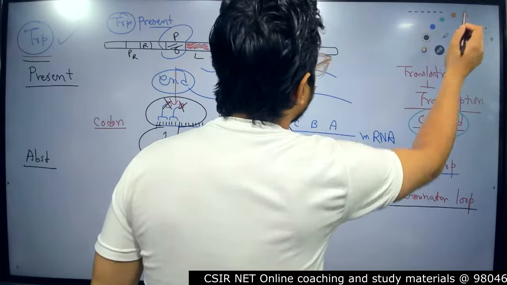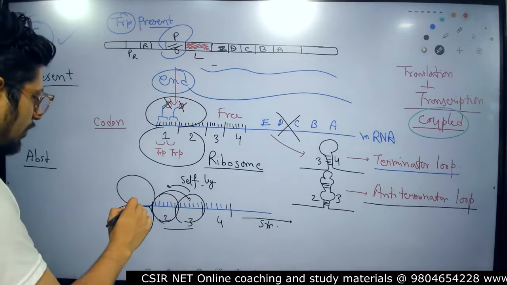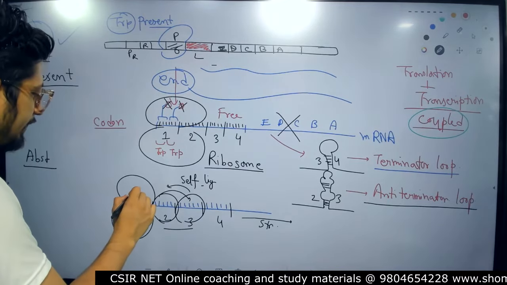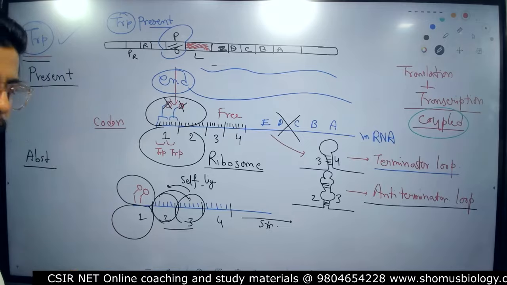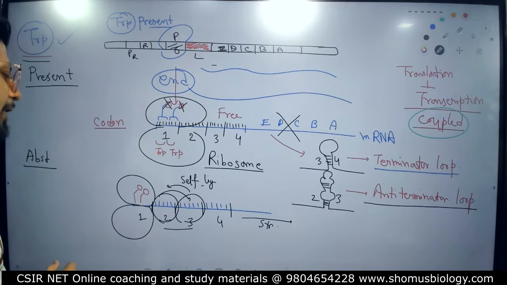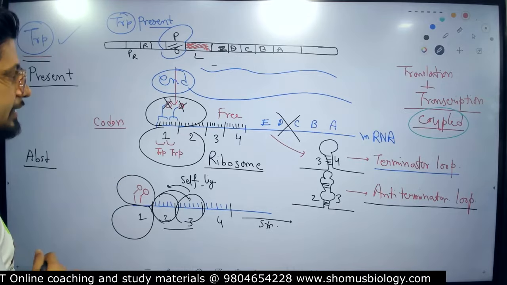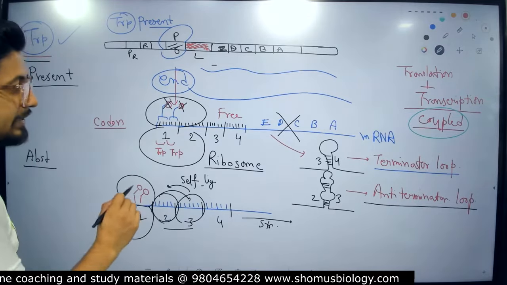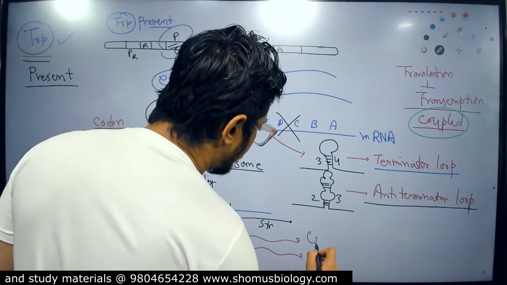So when this anti-terminator loop is formed, the ribosome stops there for a while when the tryptophan is obviously in place. Now it will take some time for them to bring tryptophan. If they bring tryptophan after some time, then the process can continue, but if there is no tryptophan, the ribosome releases itself, but the RNA polymerase continues the process of transcription. So the transcription continues.